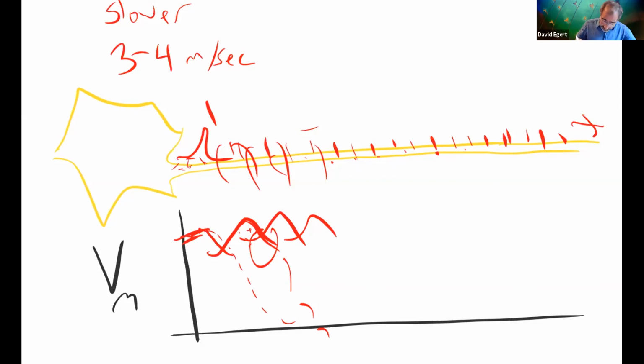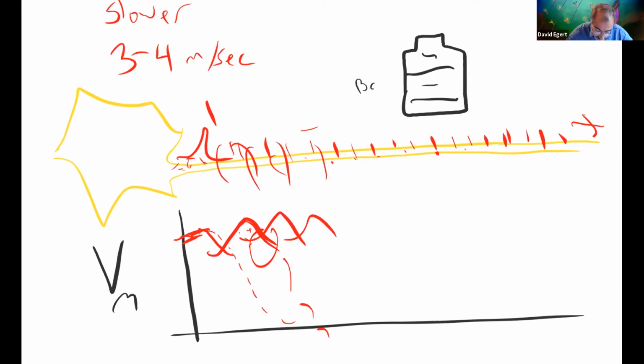And again, the basic idea here, I'll use the analogy of a battery. Let's say we have a battery here, and there's some wire, and there's a light bulb running off the battery.